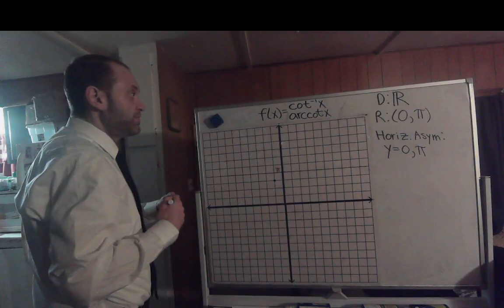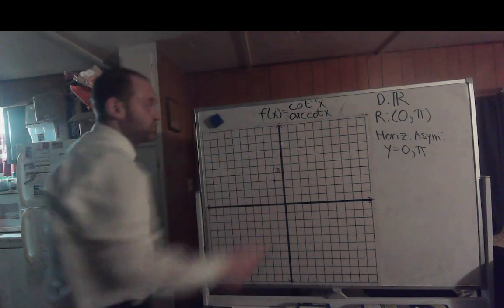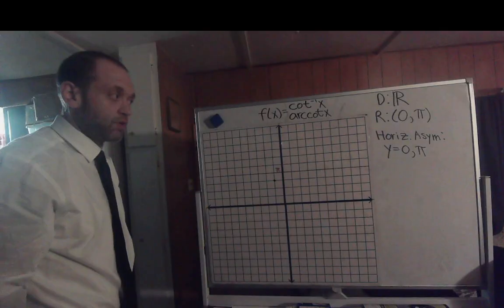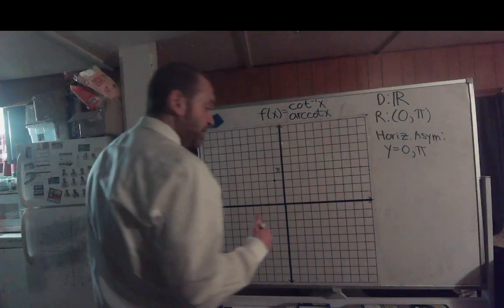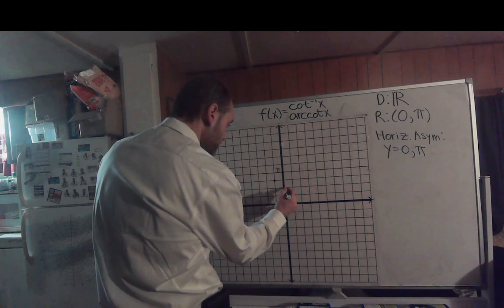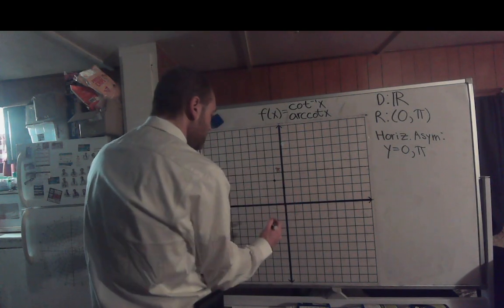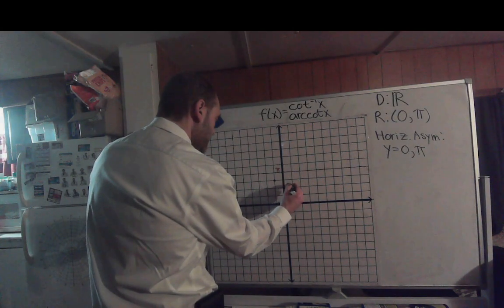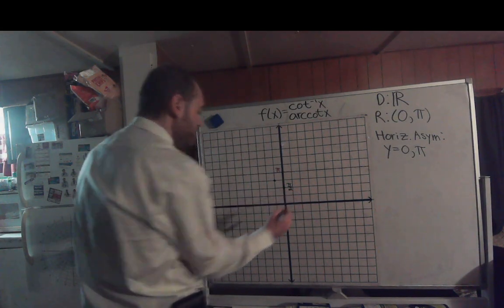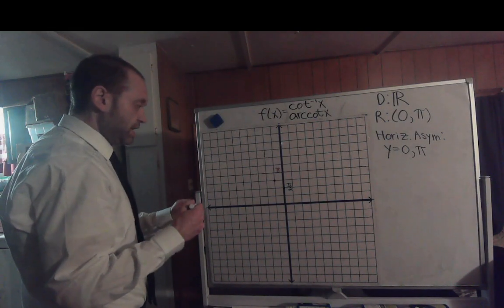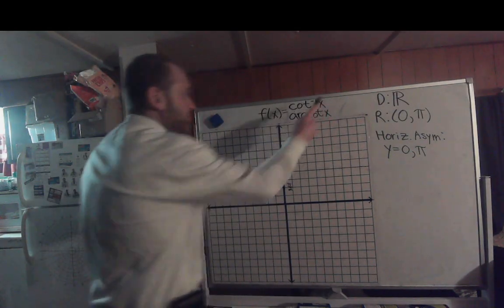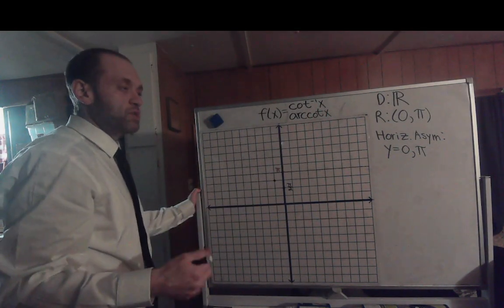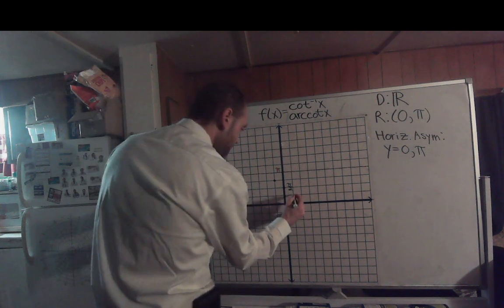Now, if you put in 0, what gives you a cotangent of 0? That's going to be pi over 2, right? Here's pi over 2. I should have probably labeled that. And then if I put in +1, what gives me a cotangent of +1? That'd be pi over 4.